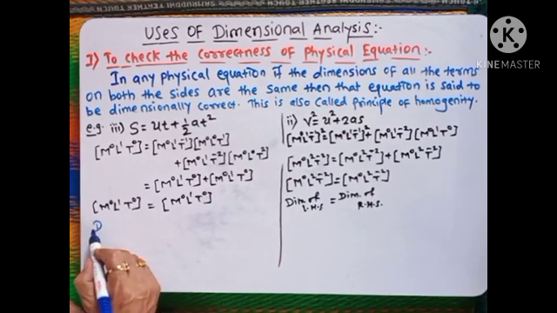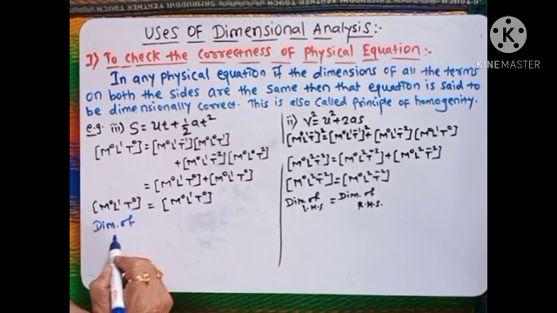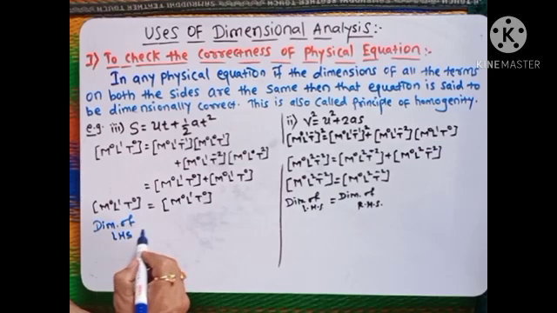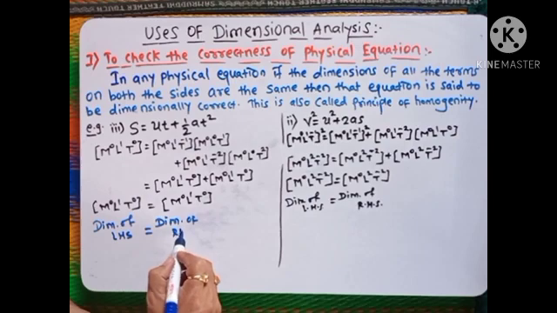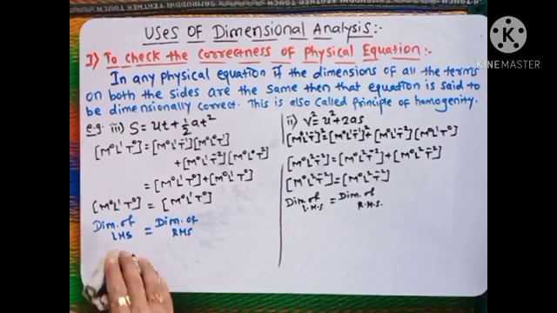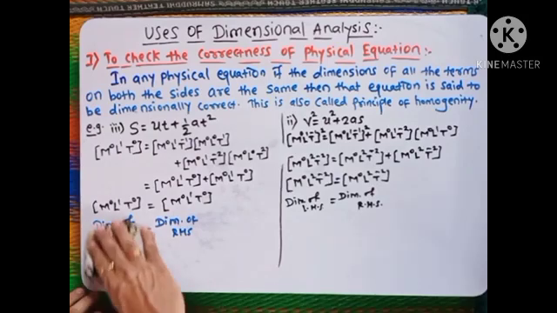Therefore the dimensions of LHS are equal to the dimensions of RHS. We have considered three kinematical equations and checked their correctness. I hope you all understand this first use of dimensional analysis, that is, to check the correctness of a physical equation. Now I will consider the second use.